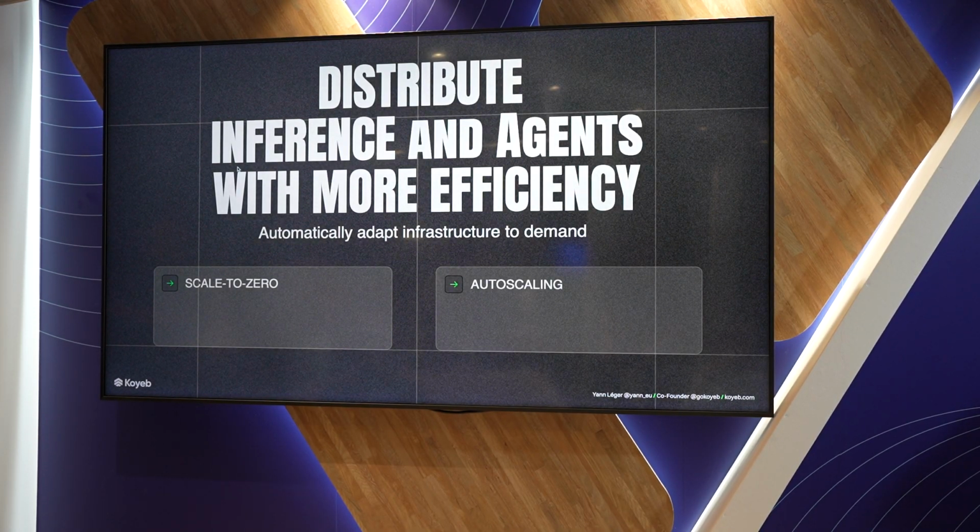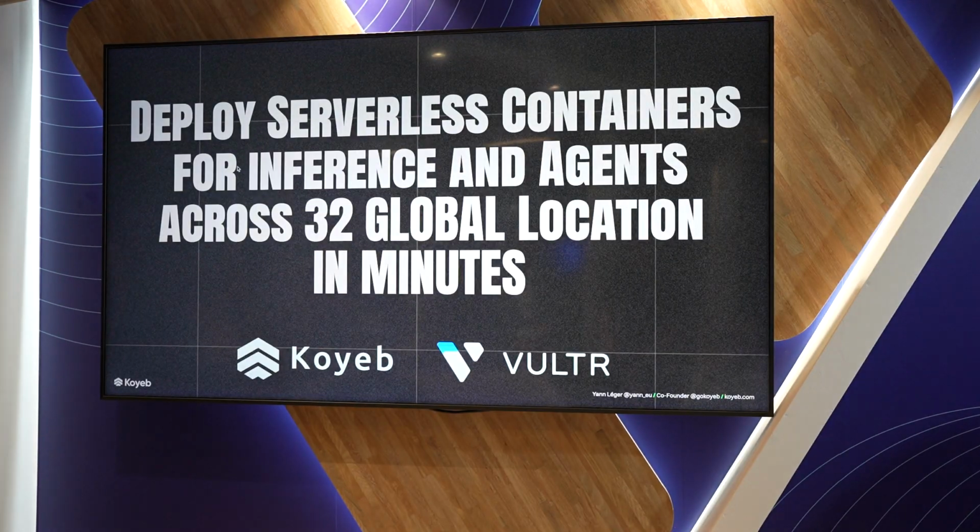One is scale to zero: if there is no traffic, we shut down all VMs and wake them on demand from the first request, and we auto-scale horizontally depending on traffic. You can deploy a serverless container for all of this workload across the 32 global locations of Vultr in a few minutes.